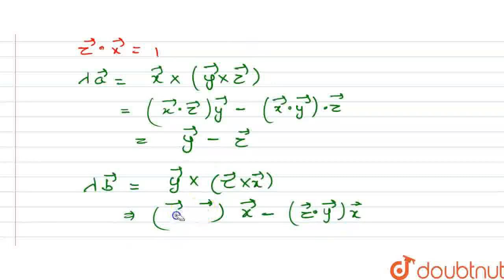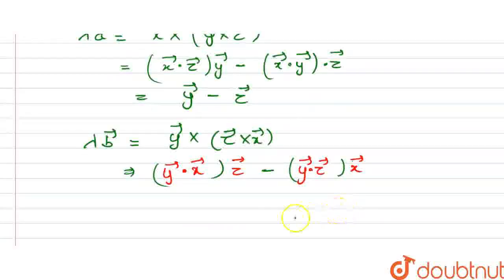Here is a mistake, so we can correct it. So we can write here y vector dot x vector into z vector, and here is y vector and z vector, and here is x vector. So from here we get lambda b is equal to, since y dot x is 1, z vector, and y dot z is 1, so we get x vector.